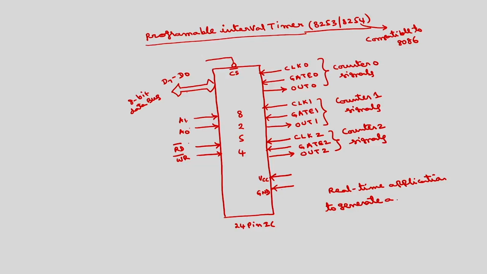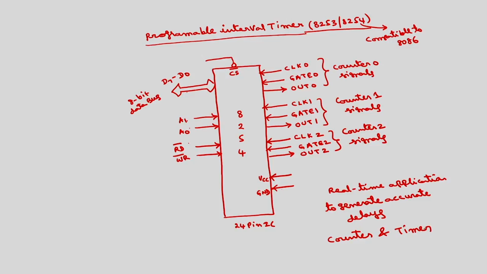To generate accurate delays, we have to use 8254. In addition, this also acts as a counter. So, this 8254 will act as a counter as well as a timer. We have both applications.